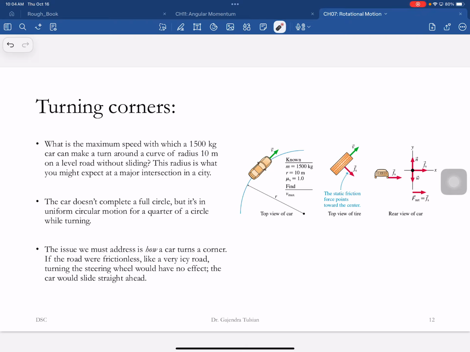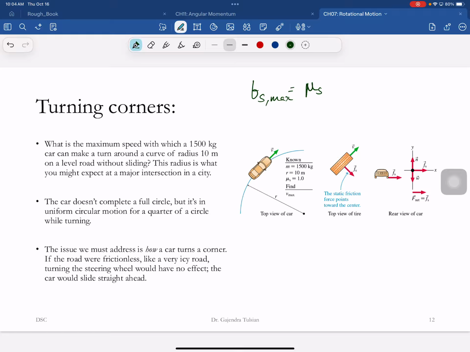All right. So the static friction force is providing the centripetal force. Now you saw that the static friction force has a maximum value, and that is mu s, the stickiness of your tire, times the normal force. So racing tires are stickier, and you can make a faster turn.